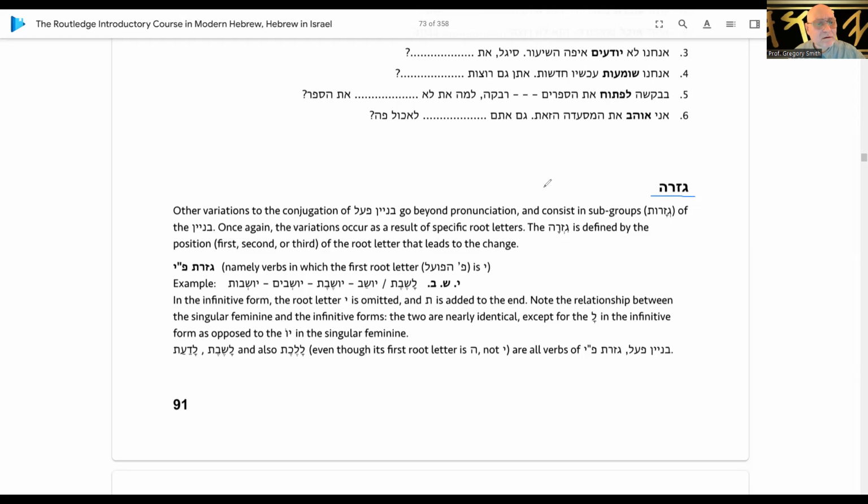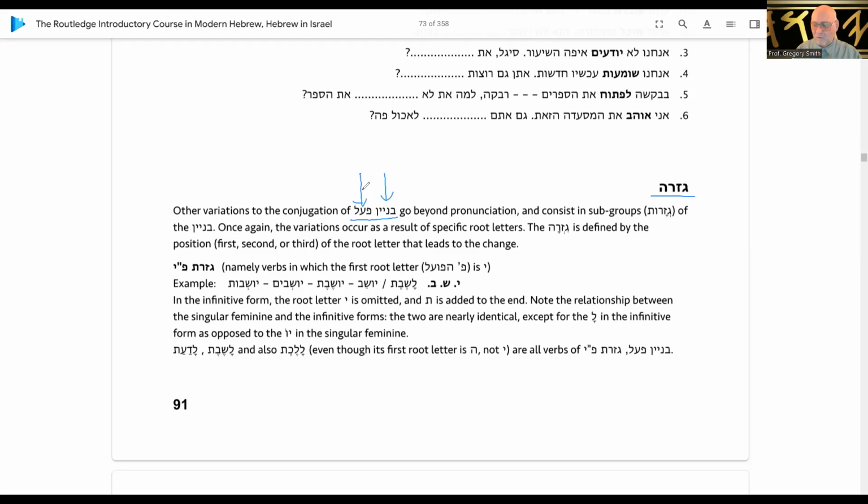So let's see, there are other variations to the conjugation, binyan. Remember that this is one of the seven. This binyan means that it's the structure. And then pu'al is kind of like when you think of a tree, it's got seven main branches, and the pu'al is like one of those conjugations.